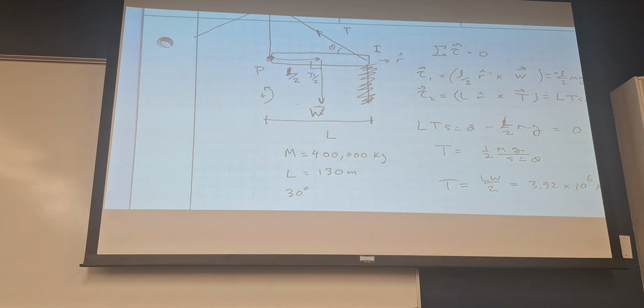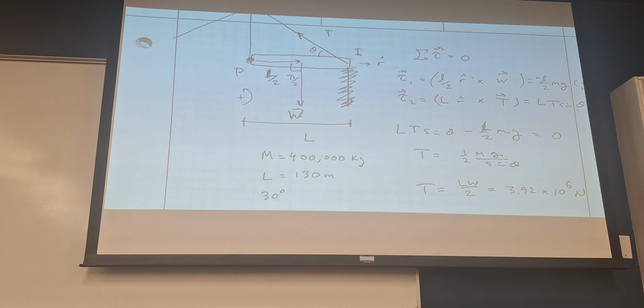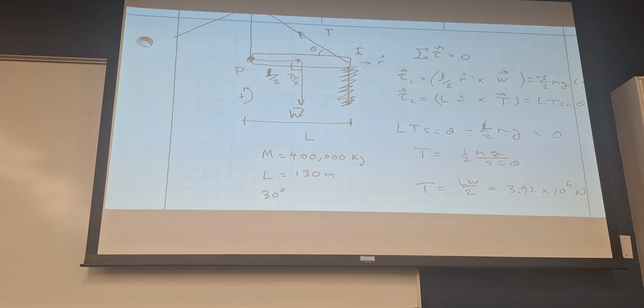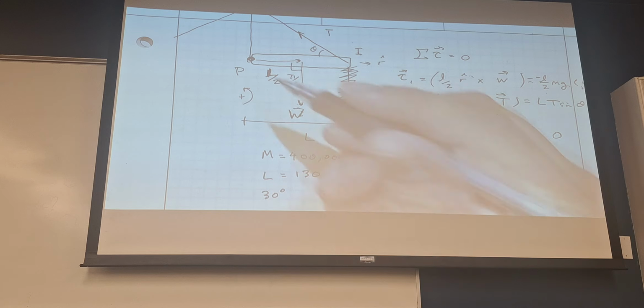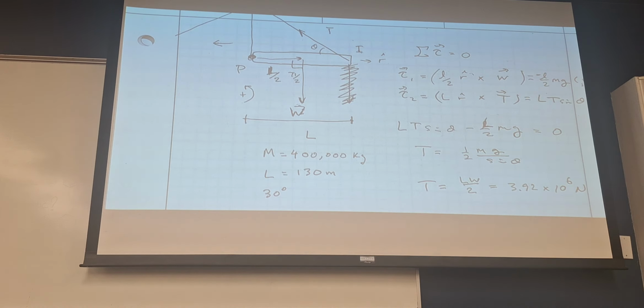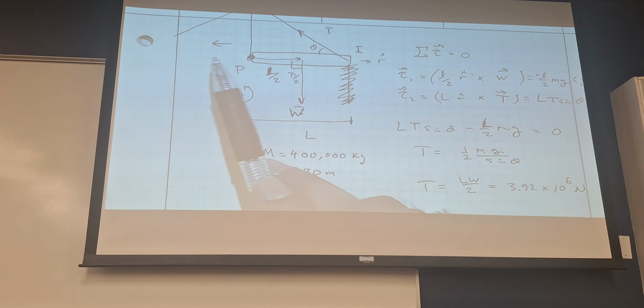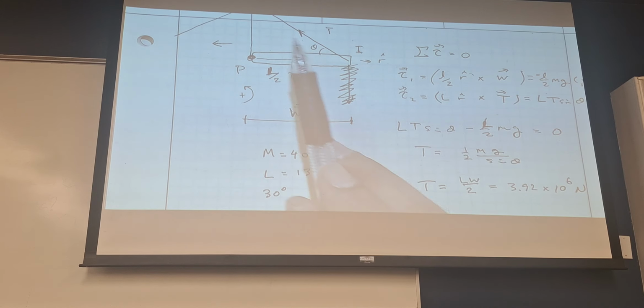your pivot point, I forgot to mention this. Your pivot point actually exerts a force, and it has to exert a force. The reason why is because if it didn't exert a force, this bridge would move this way. Think about it. There is nothing stopping the bridge from being pulled this way, because this tension is this way.